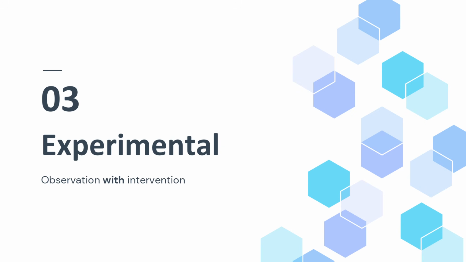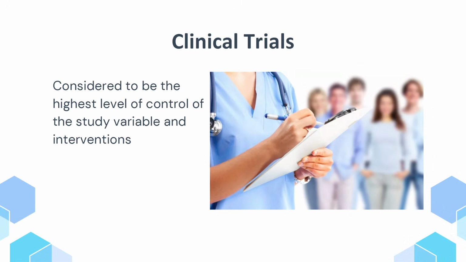Next of the study designs, we have experimental. So this is observation with intervention, just to put it plainly. So, experimental, by the way, would be the highest form of evidence we consider in a study. Now, clinical trials is just one of the many designs that we can use in experimental research, but this is considered to be the highest level of control of the study variable and intervention.